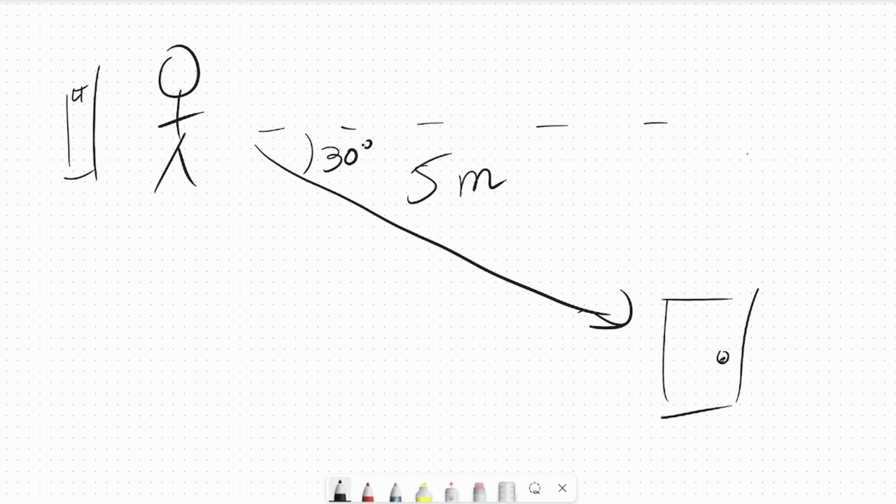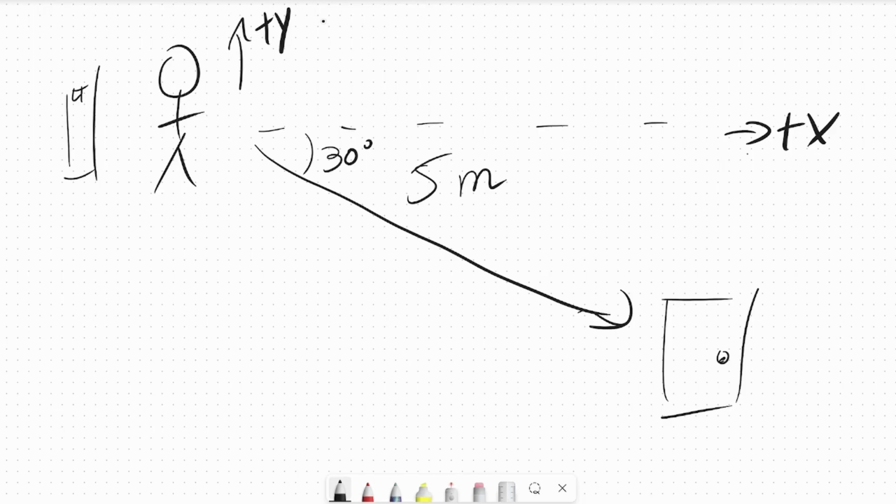Now this gives me a vector. Do you think you can tell me the polar and Cartesian representations of this vector? Well, the polar representation is already basically given to us. We're going to define our positive x-axis to be here, and the positive y-axis is going to be upwards.